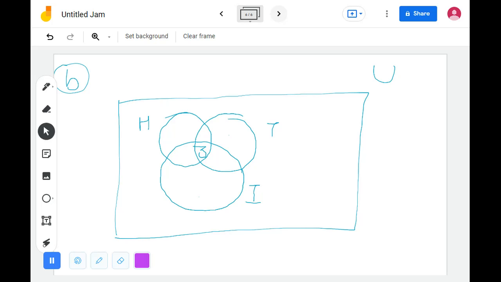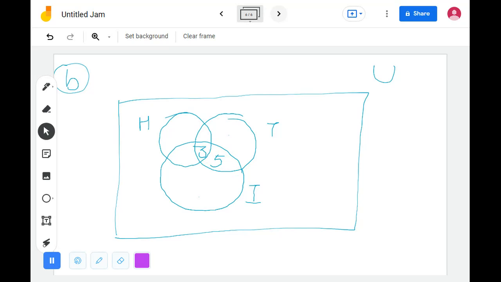So this is T and this is I. This part will be the intersection of T and I. Here 8 is given, so this whole thing is the intersection of T and I, but the center has 3, so 8 minus 3 is left, that is 5. So 5 remains here. The center took 3 of the 8 and 5 is left.